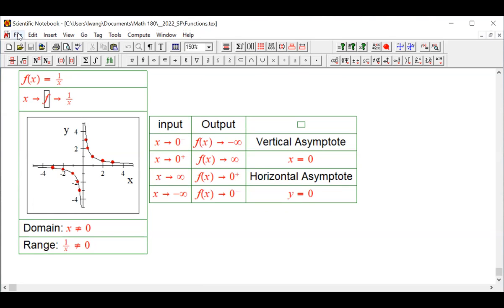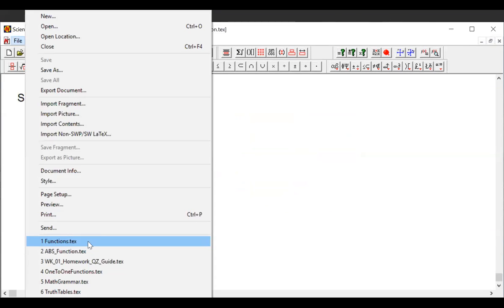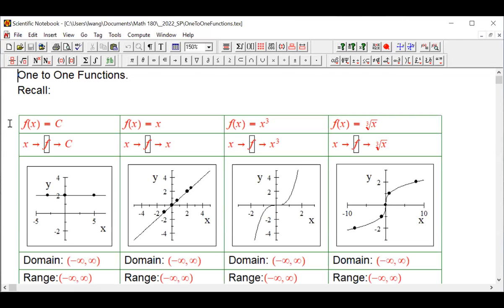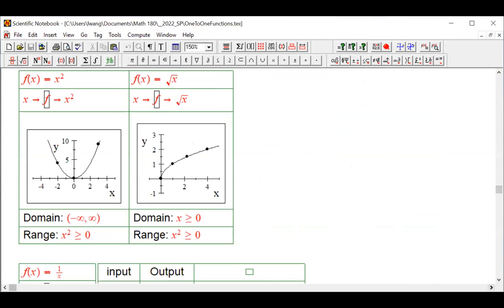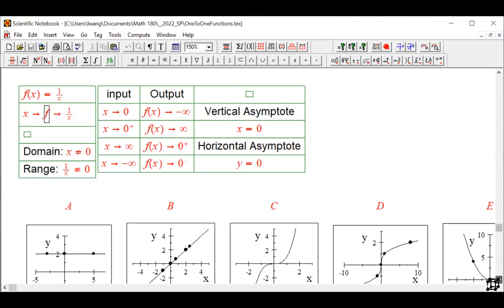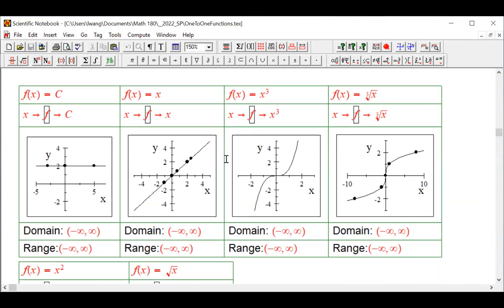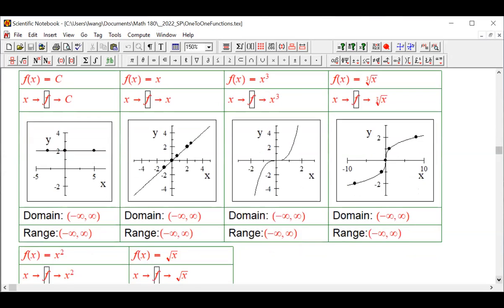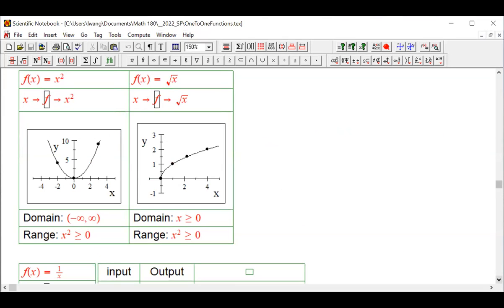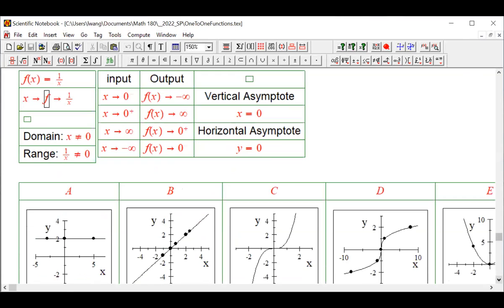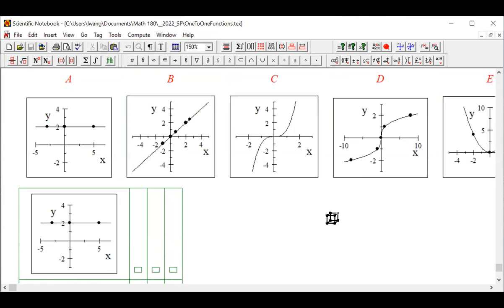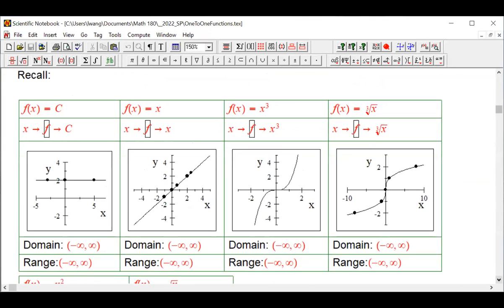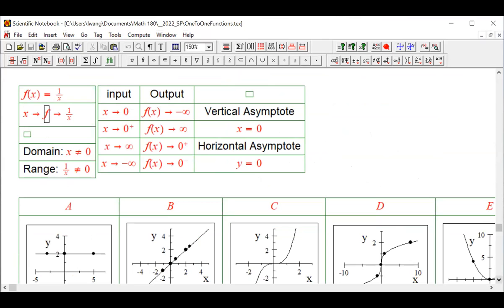I think I didn't put it in this file, oh, one-to-one function. One-to-one function is something we're going to cover next week. Okay, so far we have all these functions right here. So I'm going to bring them all together.